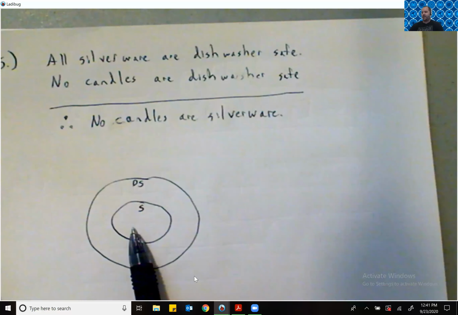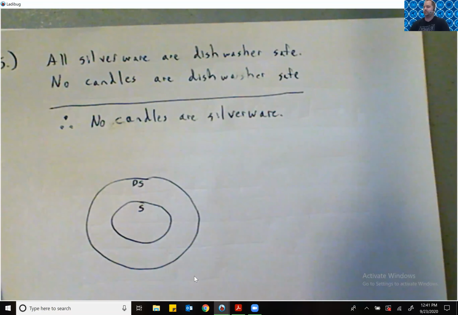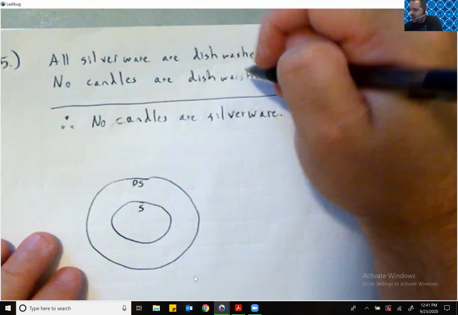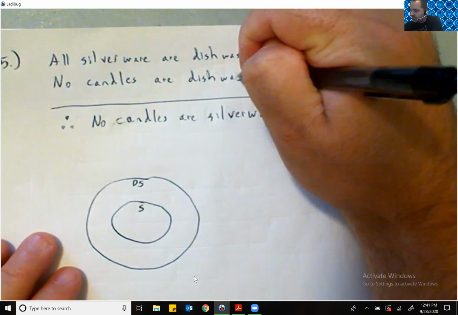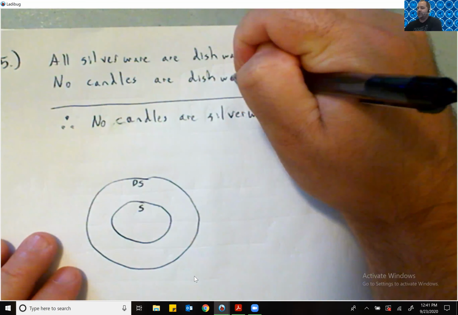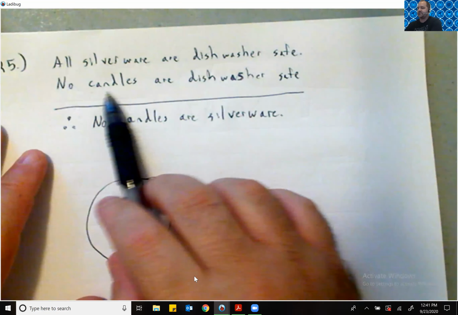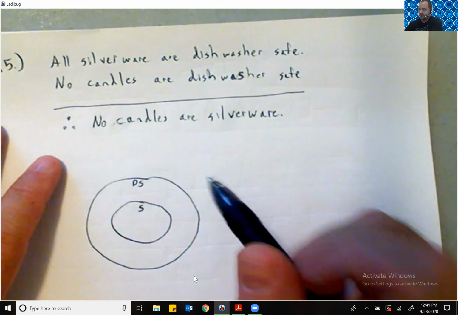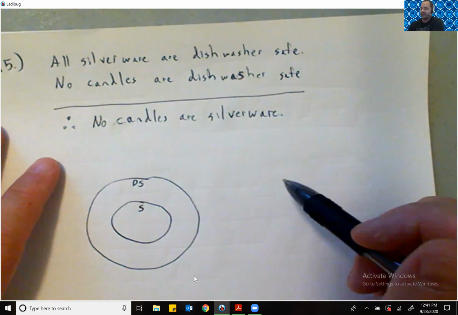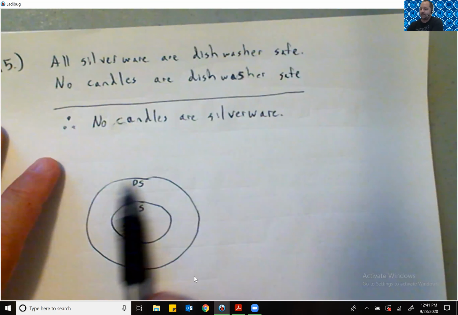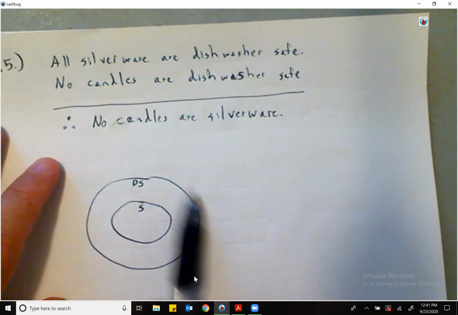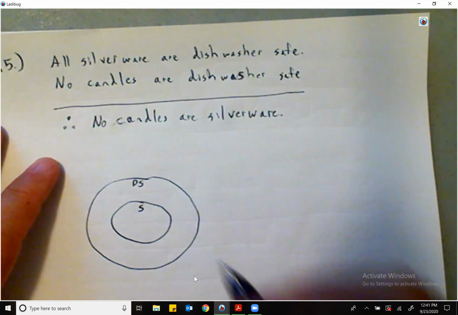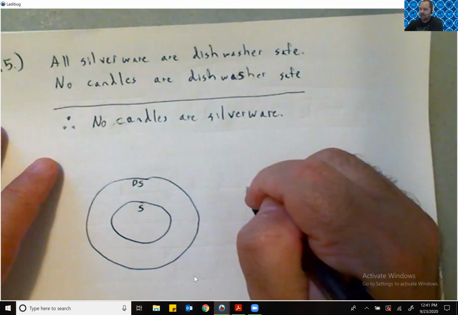Now the question is, we have this other circle we have to draw. We have no candles are dishwasher safe. So that means there's a third circle, candles. Can that third circle exist anywhere inside my dishwasher circle? No. So I have a third circle out here in space.